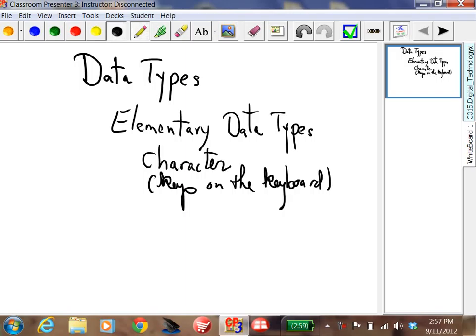Stephen, name me another elementary data type. Integer. Very good.